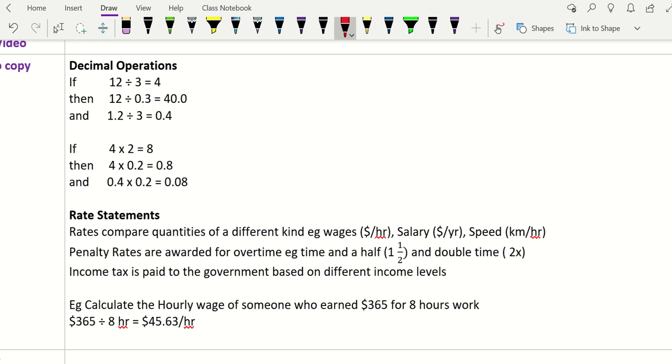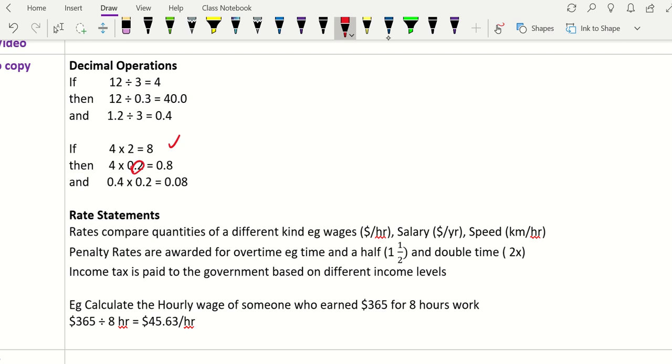So 12 divided by 3 is 4. So 1.2 divided by 3 is 0.4. So I can see one decimal place, so I'm just putting one decimal in the answer. Let's have a look at multiplication. Now 4 times 2 is 8. Now 4 times 0.2 has got to be 0.8. So I've performed the correct operation without the decimal.